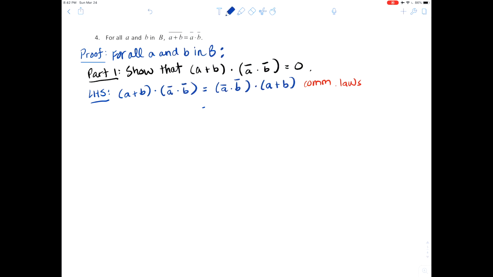And then using distributive laws, if we take not A and not B and A, and then or not A and not B and B, believe it or not, it'll do something good for us. So those are distributive laws.